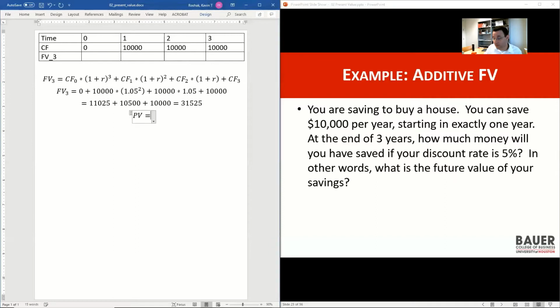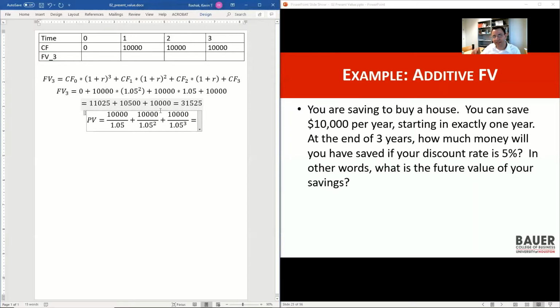If you get the present value of all those cash flows, I don't have that offhand, but you can calculate the present value of 10,000 divided by 1.05 plus 10,000 divided by 1.05 squared plus 10,000 divided by 1.05 cubed. Right? You calculate this thing, and then you can bring that whole thing to the future 3 times.